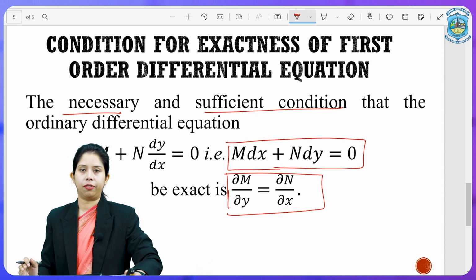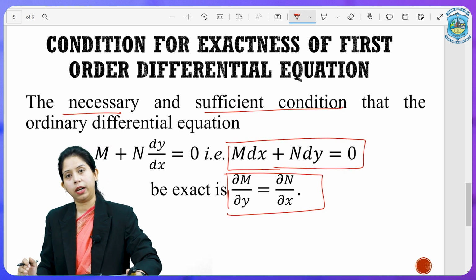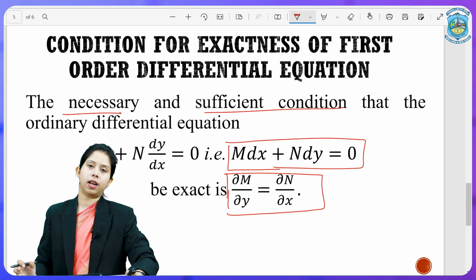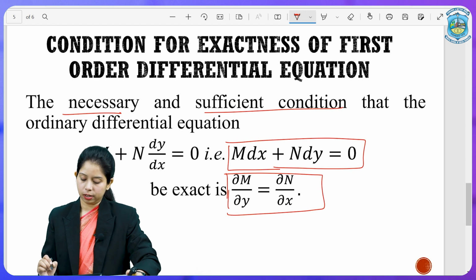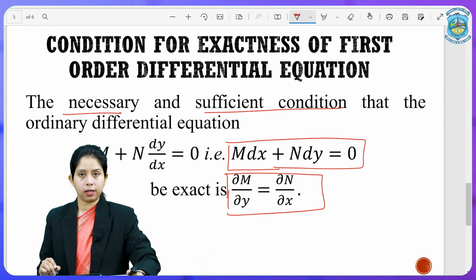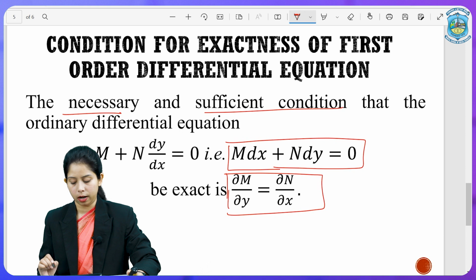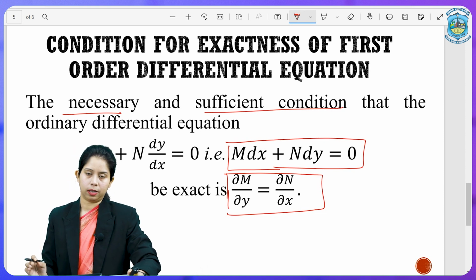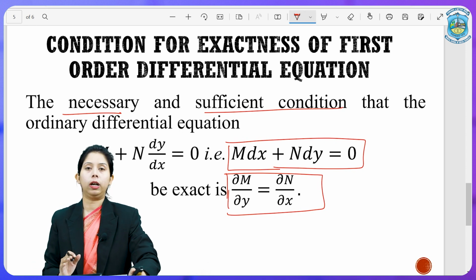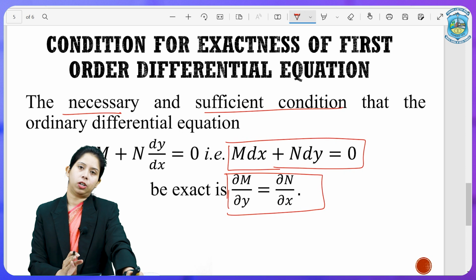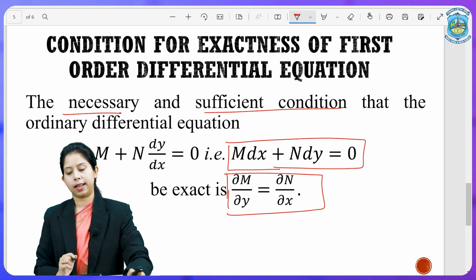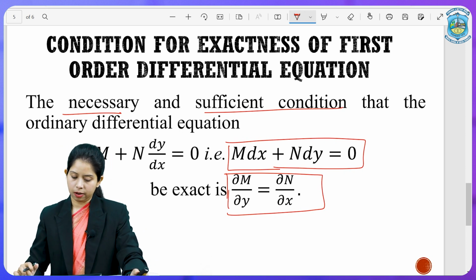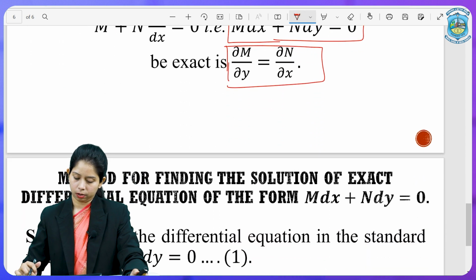So, if any differential equation has to be exact, then it should satisfy the condition that the partial differentiation of M with respect to y should be equal to the partial differentiation of N with respect to x, that is del M upon del y should be equal to del N upon del x. Then only the given differential equation can be called an exact differential equation. So, this is the very important condition.